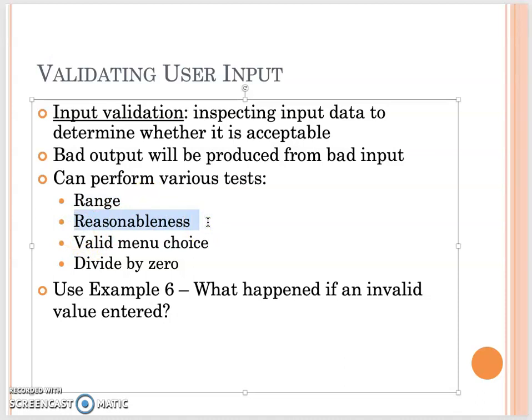The same thing, like the length and the width for a rectangle. If you give me a negative number, that's definitely not reasonable. Also this week, at the end on Wednesday, we will start making a menu choice on the console. We ask the user, you have 5 choices, 1 to 5, you can choose. But if the user enters 6, we should tell them that's an invalid menu choice.